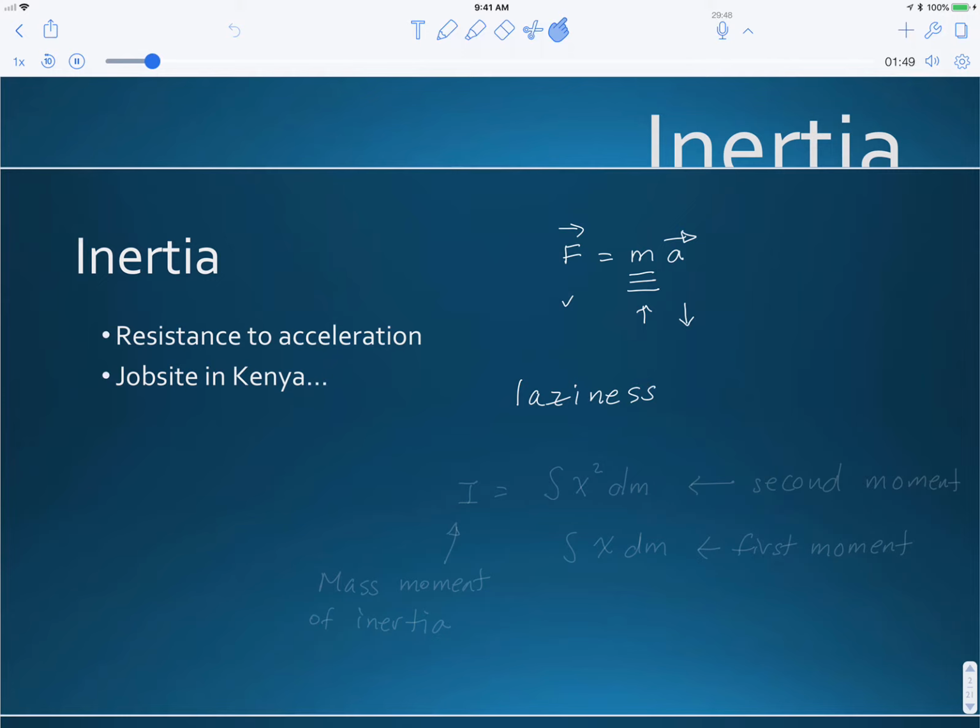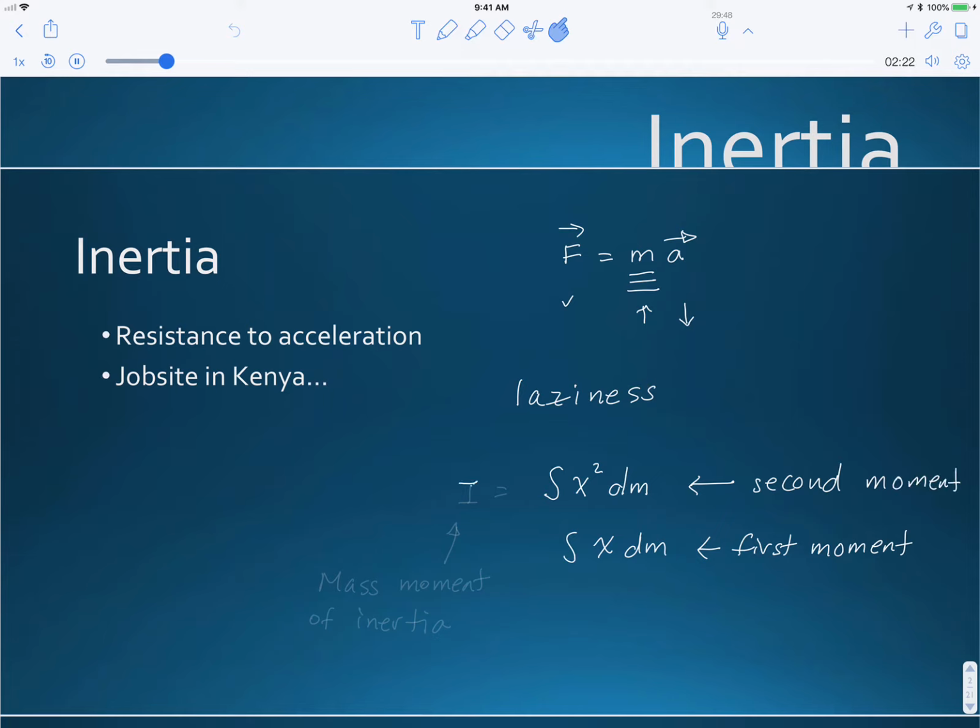So the moment of inertia, now that we've said what inertia is, is the moment of the mass. And it's not the first moment, it's the second moment. Mass times distance, that would be the first moment. And this is the second moment because we're taking x squared dm.